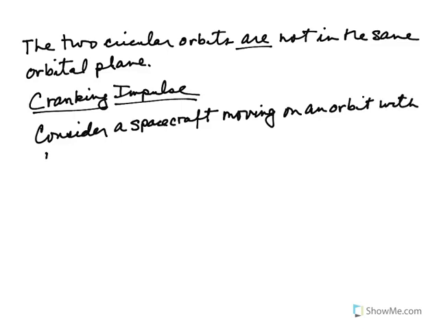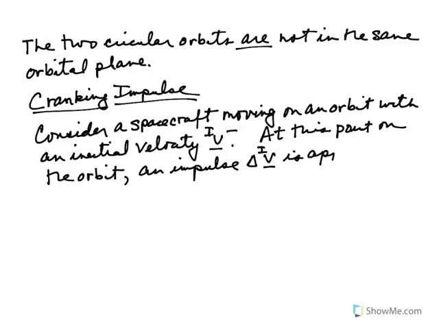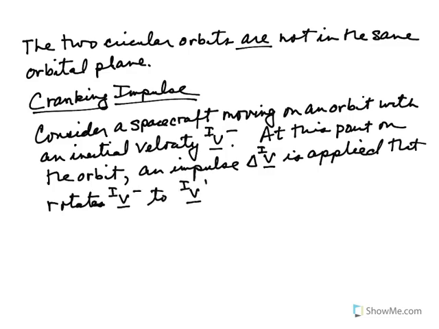with an inertial velocity VI minus. And at some point on the orbit, an impulse delta VI is applied that changes, or rotates, VI minus to VI plus.